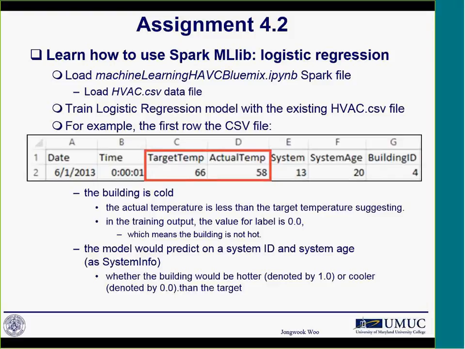Okay? So if the actual temperature is much hotter than the target temperature, it is represented as 1.0, or if the actual temperature is much cooler than your target temperature, you will see 0.0. Okay?